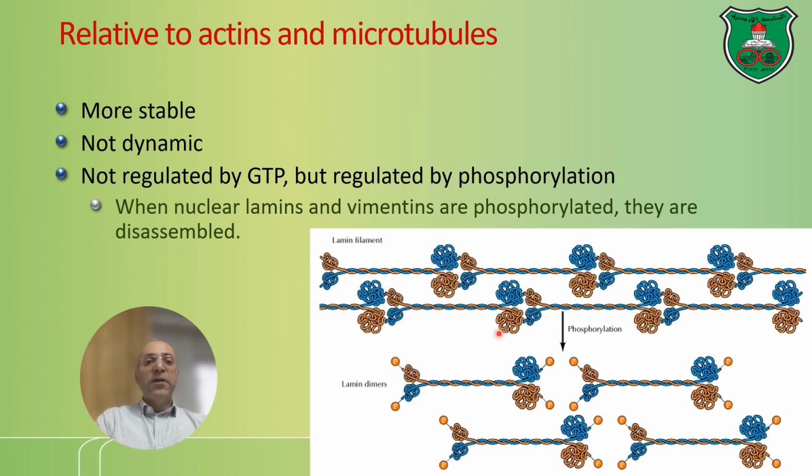Now, note that this phosphorylation occurs at the globular head groups or the tail groups that exist at both ends of the filaments. So this phosphorylation results in the dissociation of the filaments and the protofilaments as well.